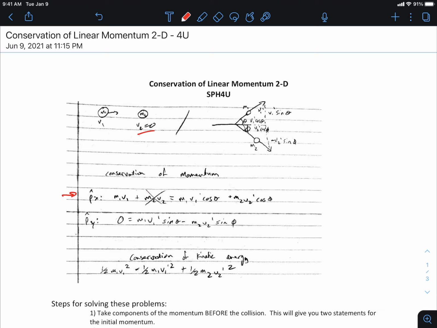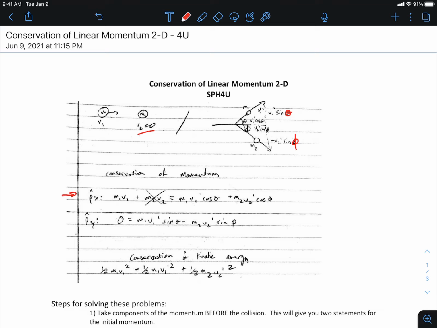And then after the collision, I'm still dealing with x, we're going to see mass 1 move off at some angle theta, right? And mass 2 is going to move off at some angle phi.